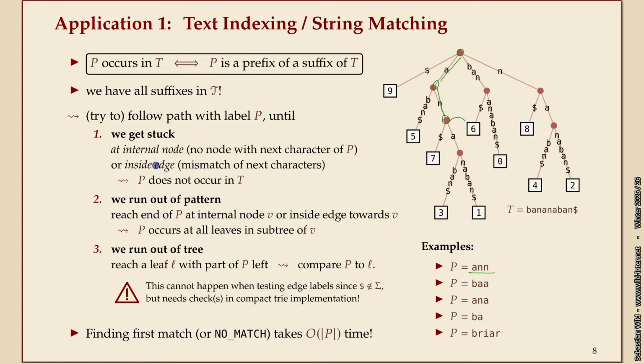There's a subtle version of this, which is if you're inside an edge and you fall out of the tree. That happens with this second example. Here you would say BA is fine, but then this N, I'm falling out of the tree. Now remember, this is different for the algorithm because it wouldn't actually see the A and N. It would only find out after getting to some leaf and checking the characters. But you can still check it.